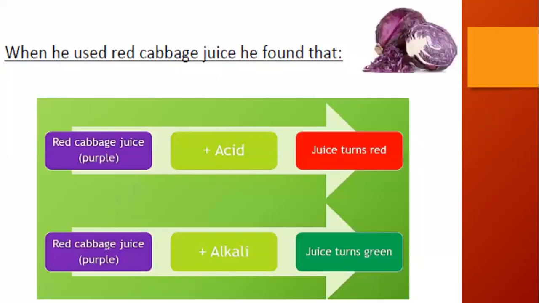This worked when he used the juice of the red cabbage. He discovered that the red cabbage juice is originally purple. When you add acid to it, it turns red, and when you add an alkali to it, it turns green.